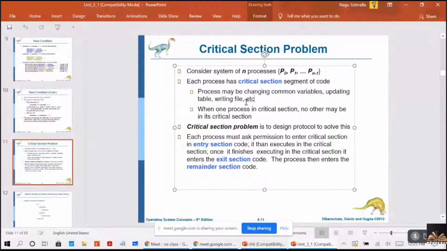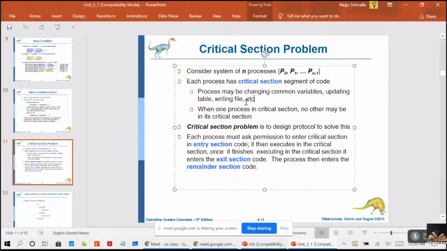When one process is in its critical section, no other process is allowed to enter it.